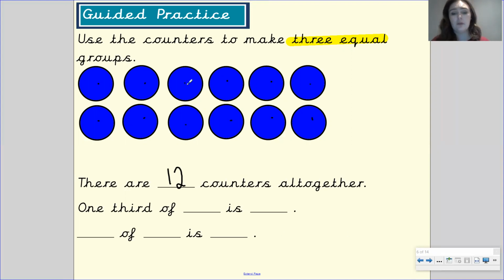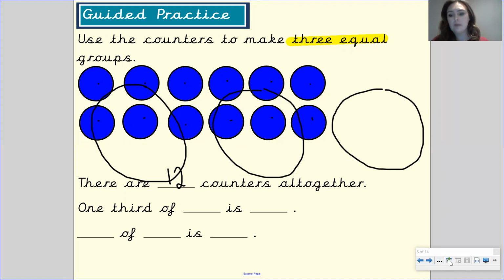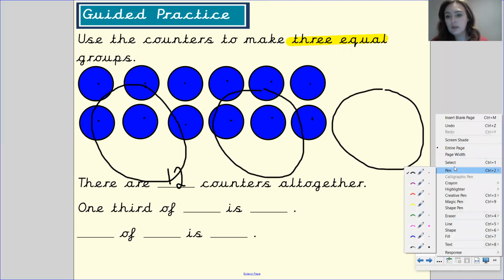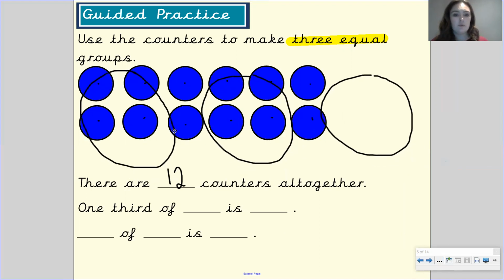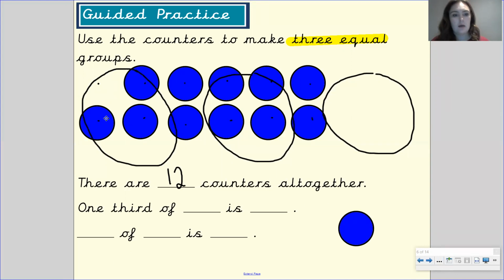Now we need to put them into groups of 3. So I'm going to draw my first group there, my second group there, and my third group there. And then we're going to sort them into these 3 groups. Let me just move that quickly, lovely, and move the blue counters as well.